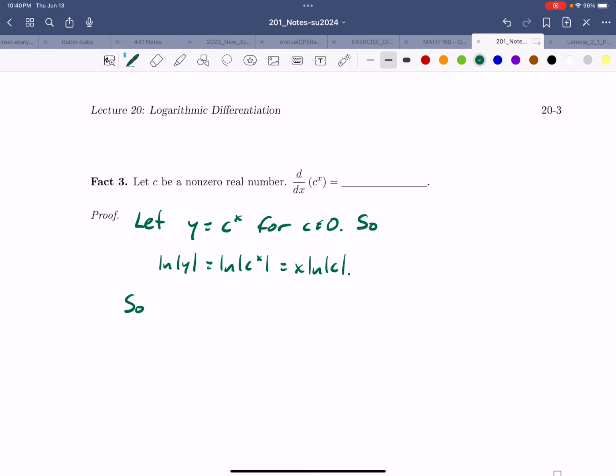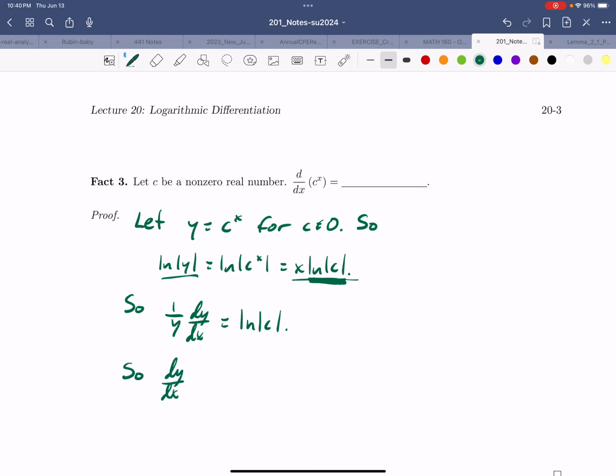So we implicitly differentiate to get 1 over y dy over dx equals, so we'll take the derivative of, now keep in mind, ln of c is a constant. So really, the derivative of x times ln of c is going to be just ln of c.